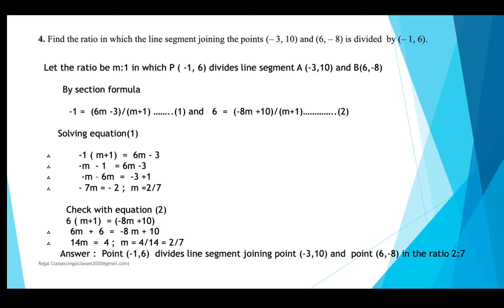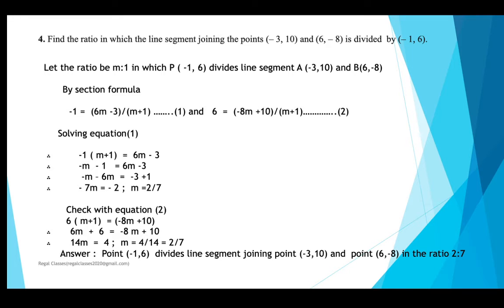Now find the ratio in which the line segment joining minus 3, 10 and 6, minus 8 is divided by minus 1, 6. So let the ratio be m is to 1. We don't take two numbers, m and n, because then there are two unknowns. It's better to take one number and calculate that unknown, and you can get the ratio. So we apply the section formula. There will be two equations but only one unknown.